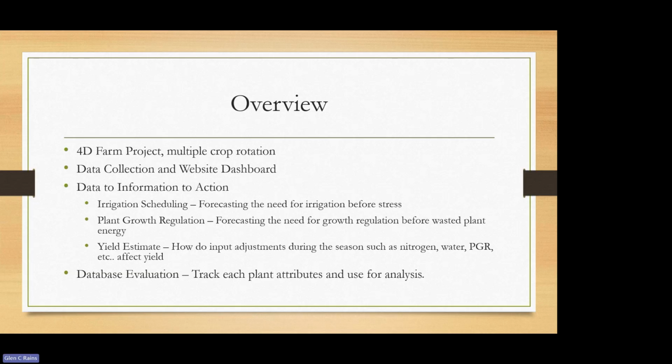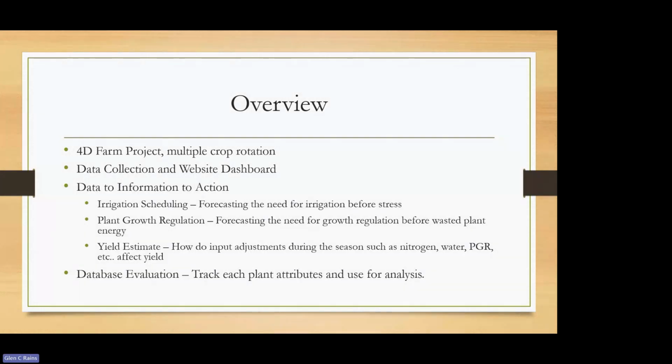And then yield estimation, which is how do we adjust inputs during the season, utilizing some of this information that we're getting. So the yield prediction will be adjusted as we collect information and adjust these things that we're managing during the year. So if we avoid stress on the plant, how does that help improve our production at that point?